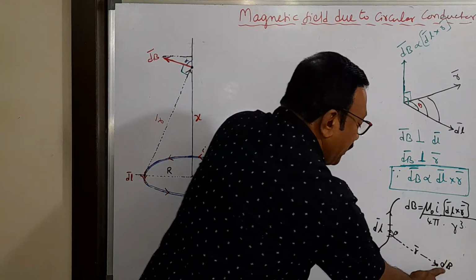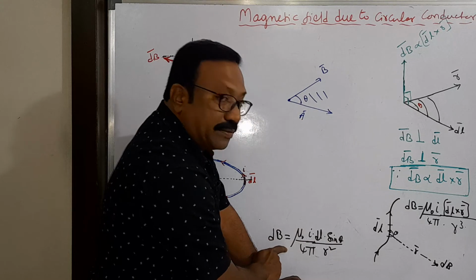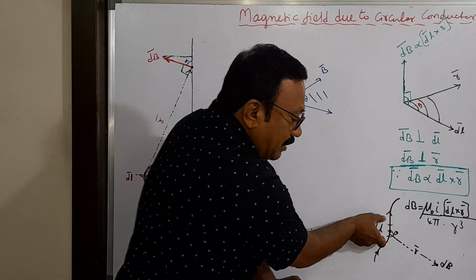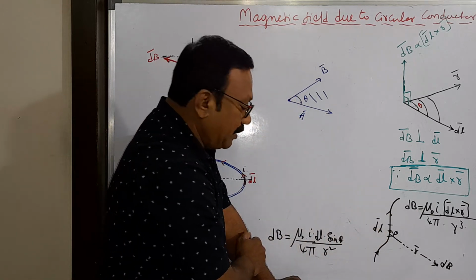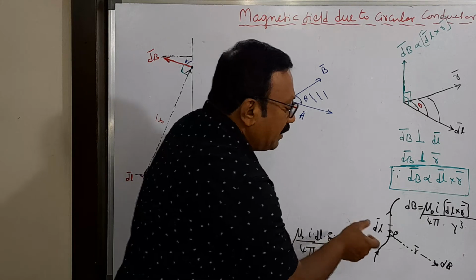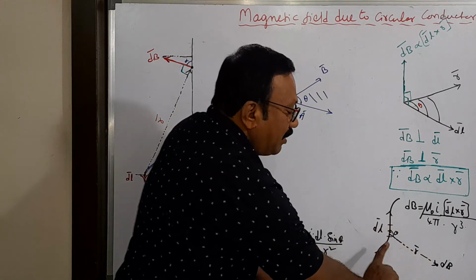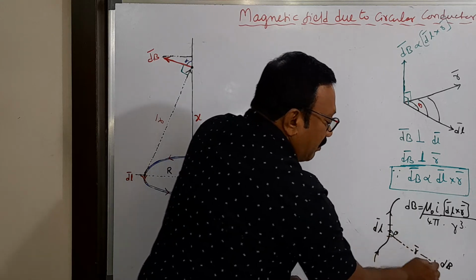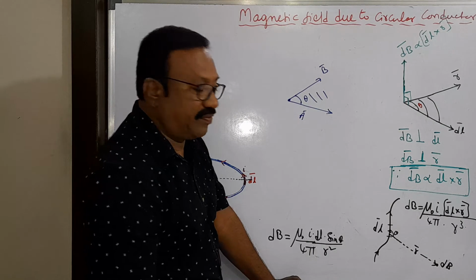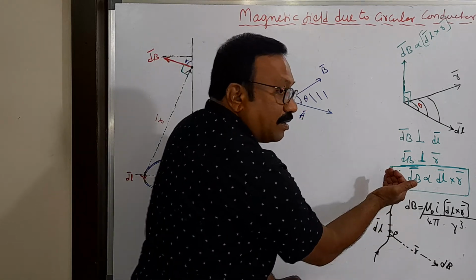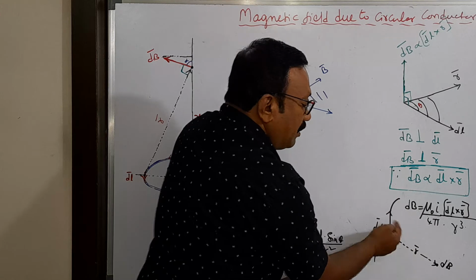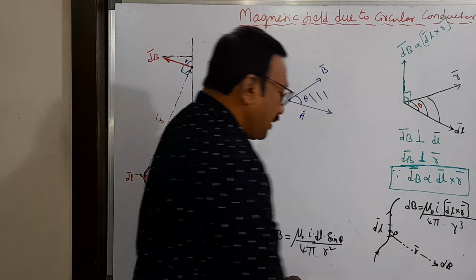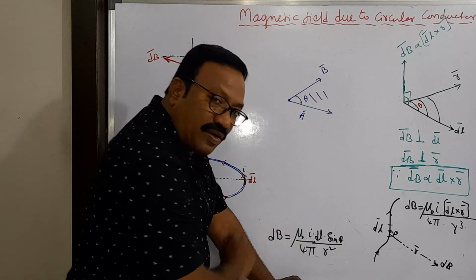The magnetic field here, due to the current element dl, is given by dB equals mu naught by 4 pi, I dl sin theta by r square. Here r is the distance, dl is the length element, I is the current, and theta is the angle between dl bar and r bar. dl bar is taken in the direction of current and r bar is a line joining from the dl to the point where you are determining the magnetic field. I can write this in vector form also.